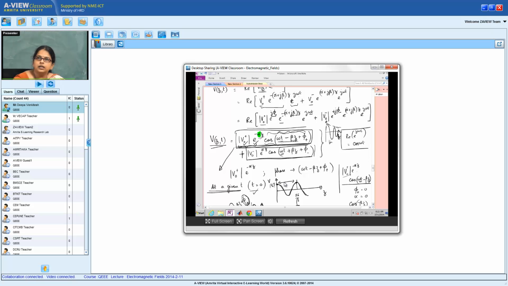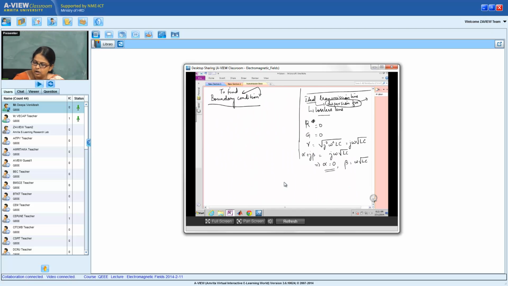Now, if I consider a lossless line, all I am saying is that this alpha is 0, so the voltage does not decay, it remains constant as a function of z. That is what it means physically.